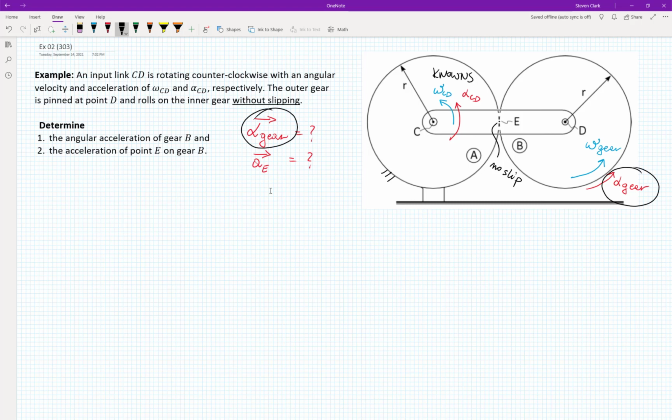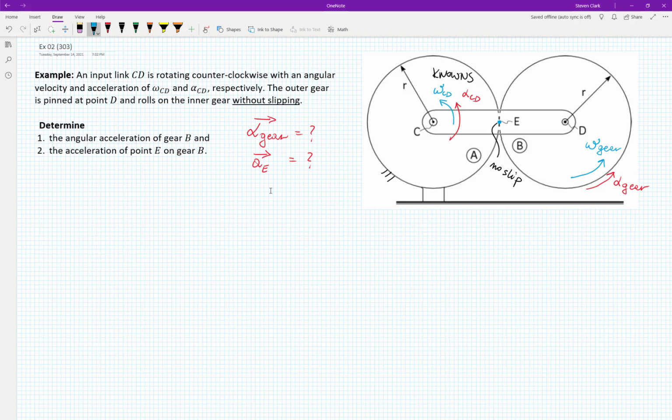And once we have that alpha gear, they ask us to find acceleration of point E. Maybe I can mark it with blue. Point E is a contact point between these 2 cylinders. I hope you can see it. Point E does not belong to the link. Do you see it? Point E is behind the link on that picture. Okay, just to make it clear, point E is a contact point between 2 cylinders.